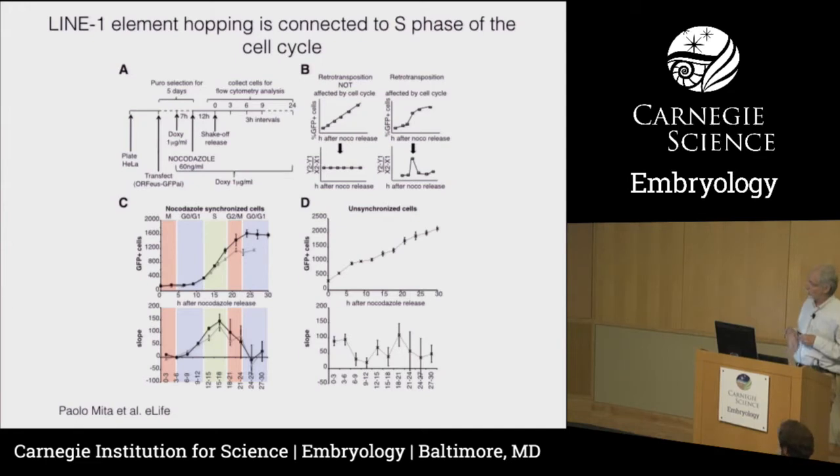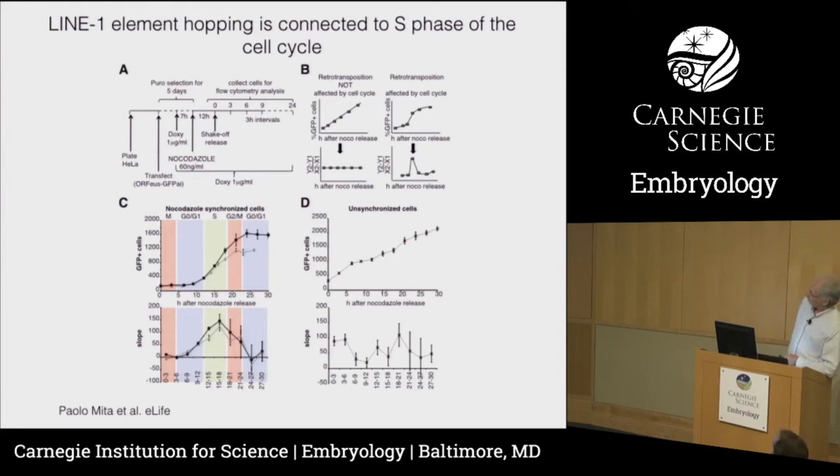We would shake off the arrested cells and wash out the nocodazole, and then follow these cells over a period of time. The transposon in this case is tagged with a GFP marker that becomes activated upon retrotransposition via the intron removal that occurs in the transposon.